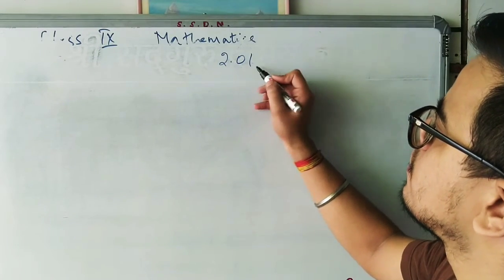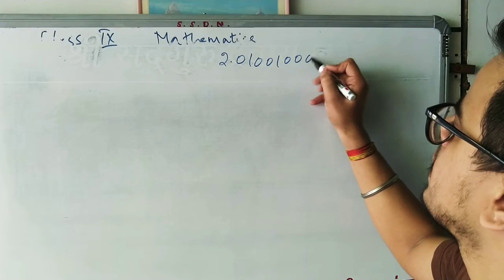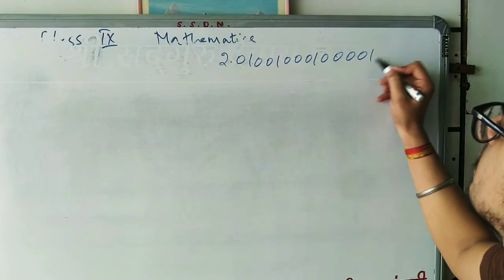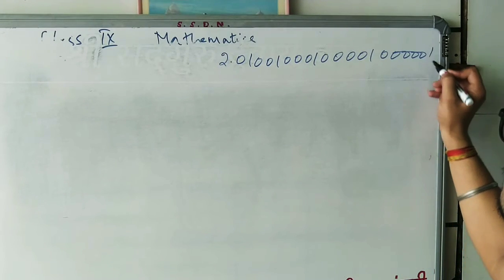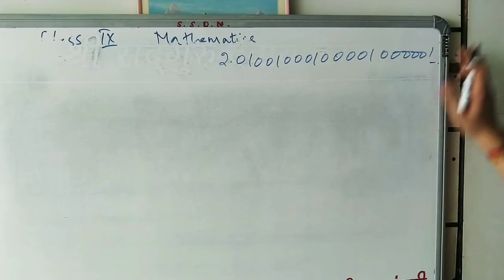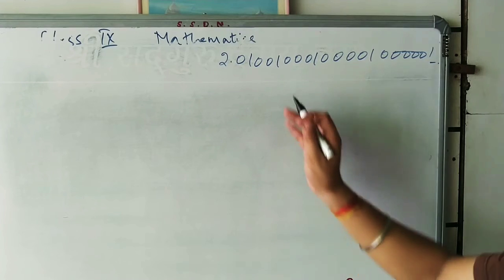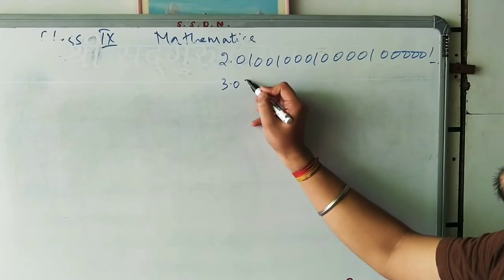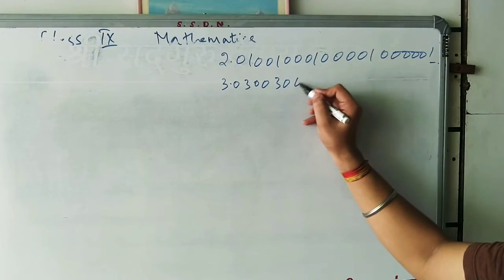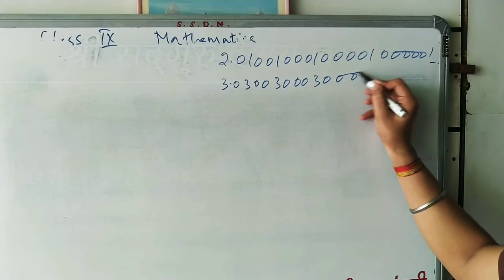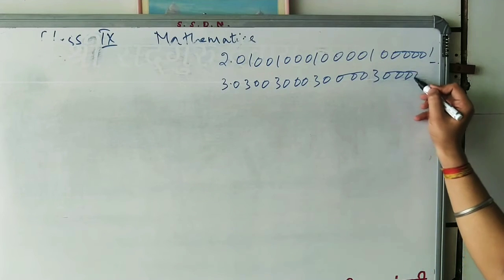For example, 0.01 001 0001 00001 and so on. These kinds of decimals are never going to terminate, and they are non-recurring. Similarly, 3.03003 and so on. We can have many of them.